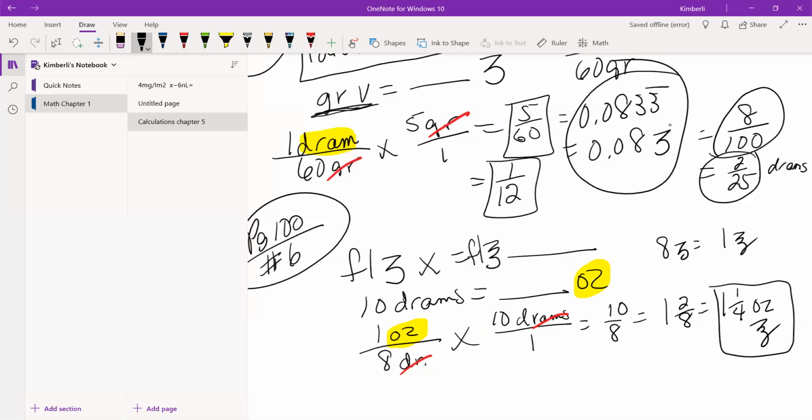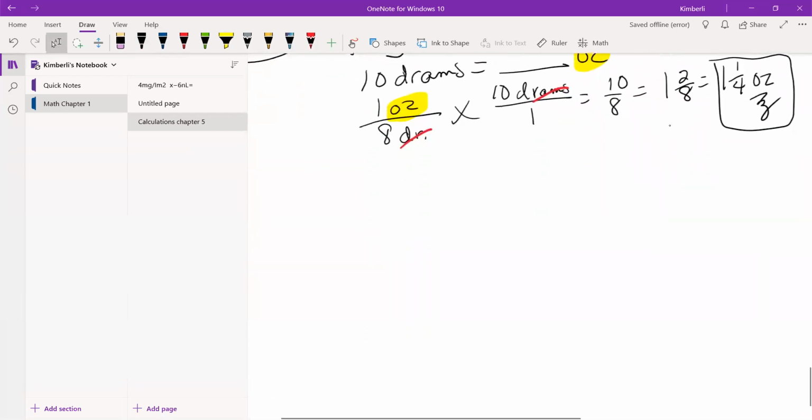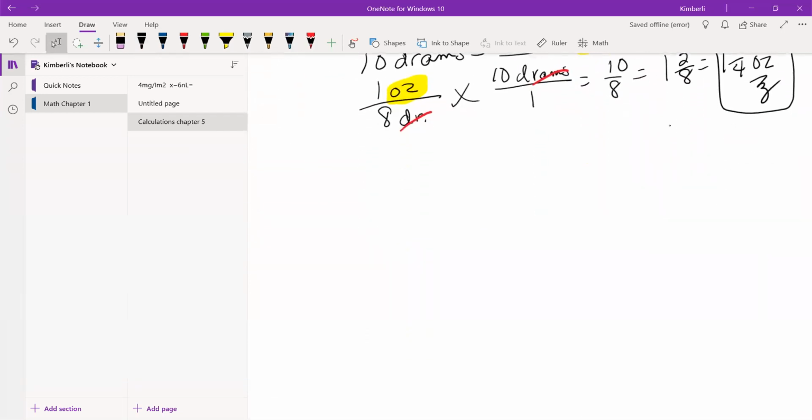The rest of this post-test gives you metric, apothecary, and household measurements. But it only converts within metric, apothecary, and household measurements. So chapter 6 gives you conversions between the measurements. So here's where the conversion sheet that I gave you kind of comes in handy.